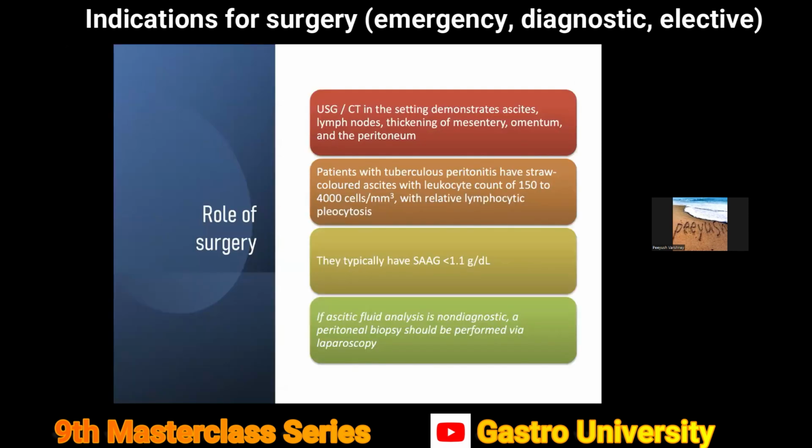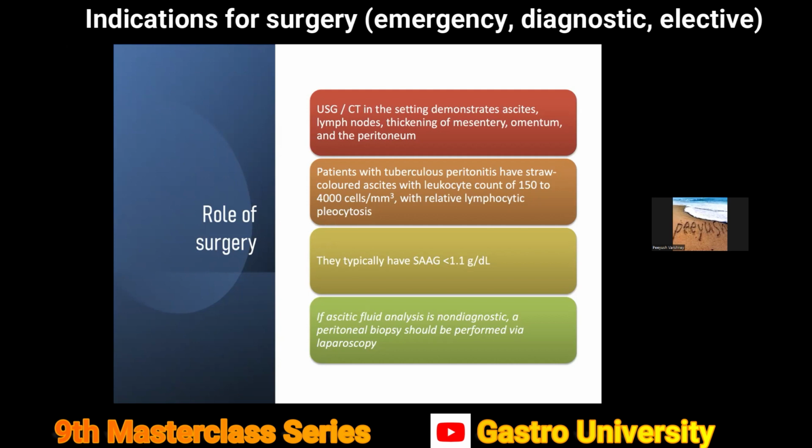So where comes the role of surgery? In ultrasound guidance or CT guidance, in the setting of demonstrable ascites, lymph nodes, or thickening of mesentery, omentum, these can be targeted. Ascites can be sampled and can be looked for straw colored ascites with leukocyte count of 150 to 4,000 cells per cubic millimeter and with relative lymphocytic pleocytosis, and typically have a low SAAG value of less than 1.1.